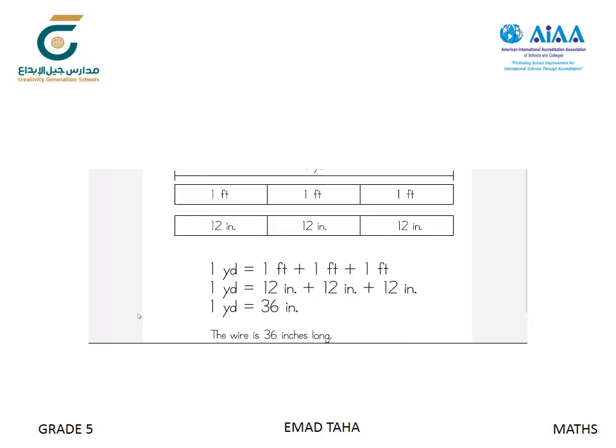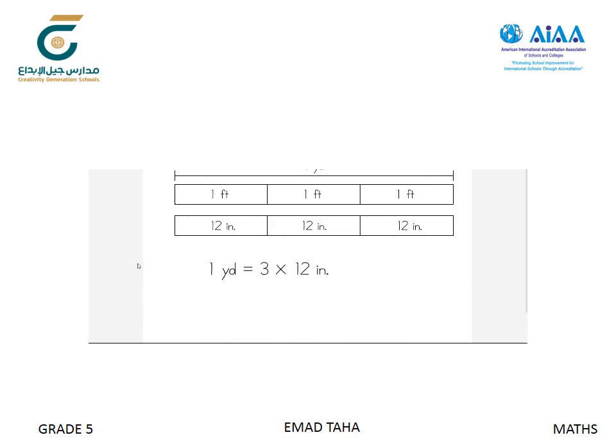Students should see that they could use multiplication in place of repeated addition. Listen and look for other students who do use multiplication to find that the wire is 36 inches long. These students are developing an understanding that multiplication can be used to convert among different units of length. This will help them throughout the remainder of this lesson as they use both multiplication and division to convert among customary units of length.